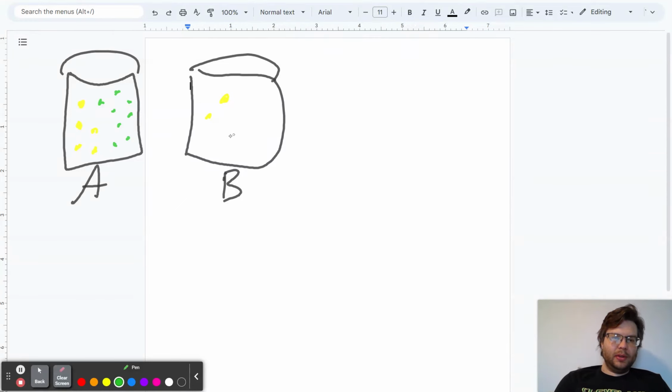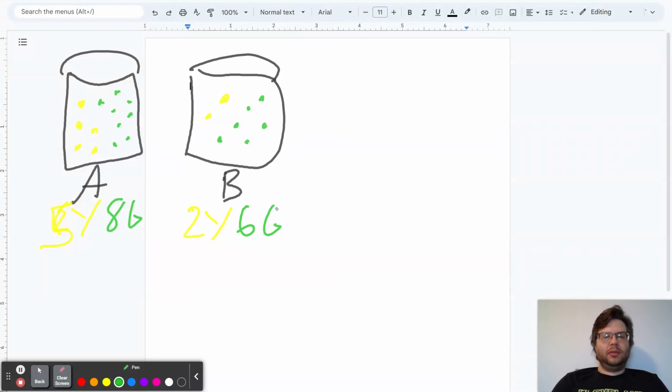There's 2 yellow marbles and 6 green marbles. So we have two yellow, or sorry, how many? 5 yellow over here, 2 yellow over here, 8 green over here, 6 green over here.